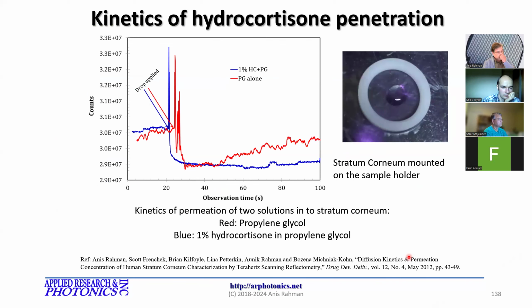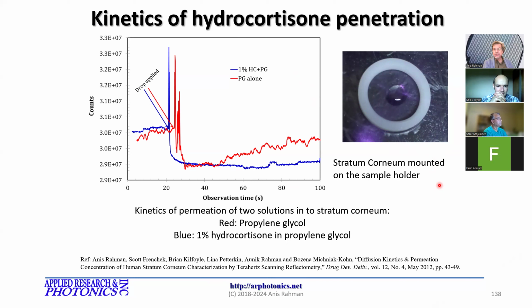So again, this is the actual cell, a close-up of the cell, not the whole cell. And this purplish kind of color is the stratum corneum that is mounted on the cell. Mounting the stratum corneum on the cell takes a little while to get used to.